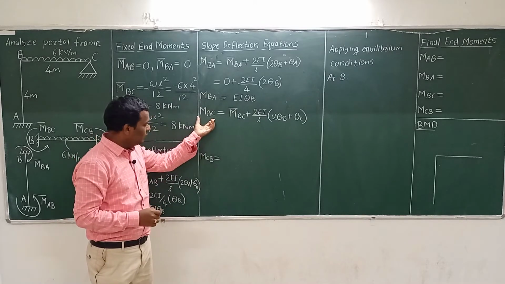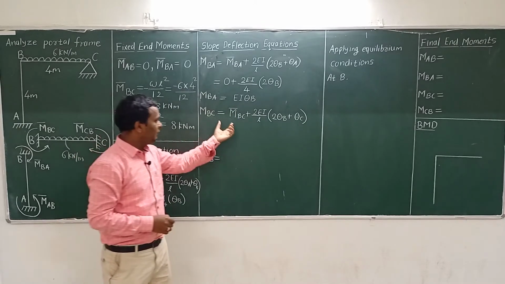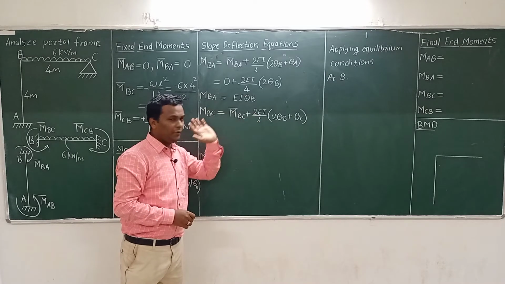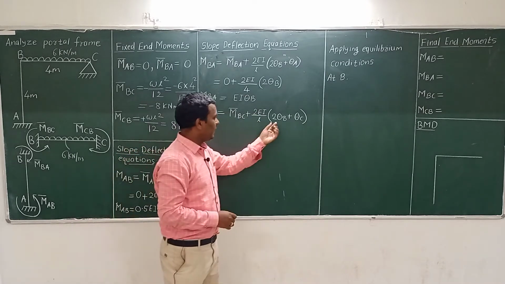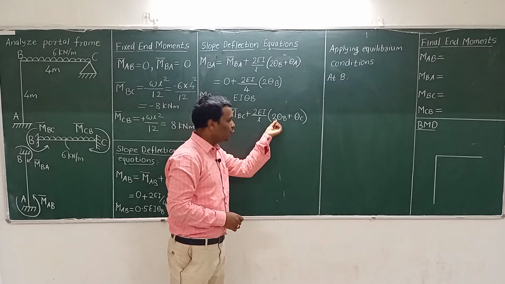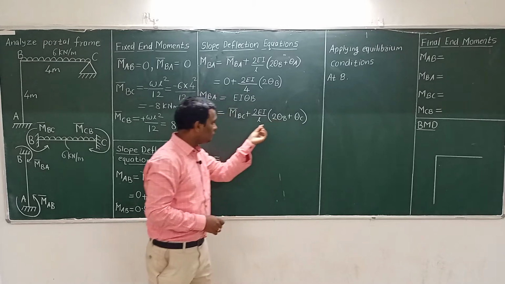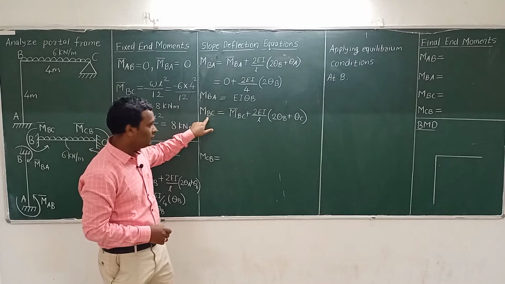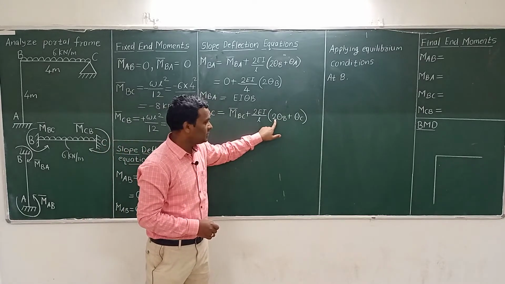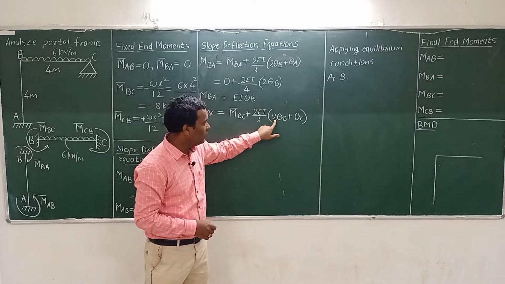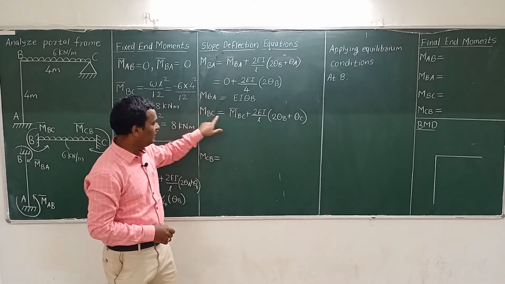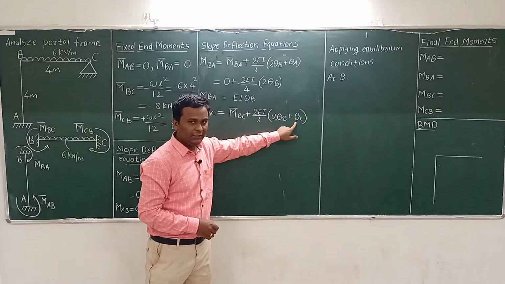You just see the end moment, that is MBC, then first of all write down its fixed end moment, then plus twice EI upon L as it is, inside the bracket multiply by 2 the slope at the first point. Here the first point is B, so its slope is theta B, so just multiply it by 2, and then plus theta C, that is the slope at the next point. So it is very simple.